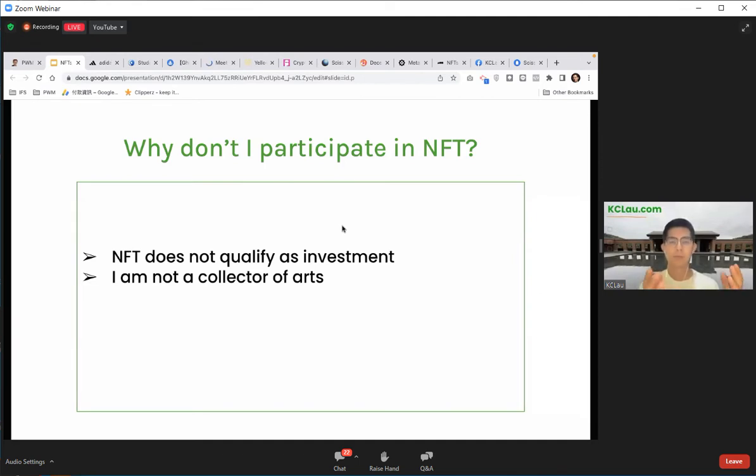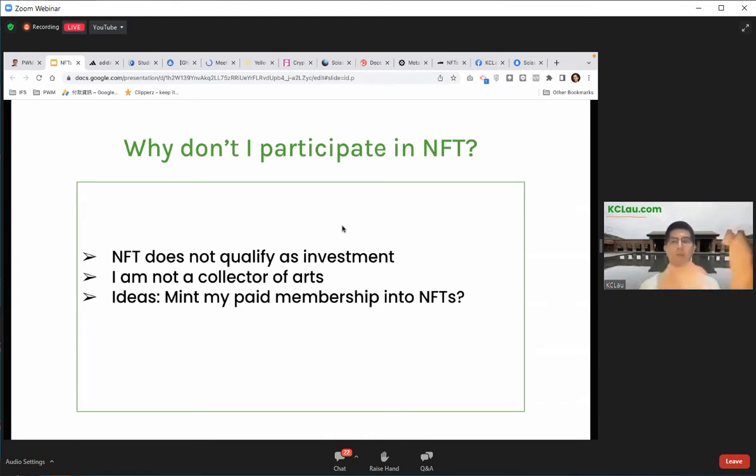If the piece of art is still worth, sometimes it's worth more than the price you paid, because there is demand for that artist, then they also make money from that. So if you are a collector of arts, you can do that. But I'm also not a collector of arts, so I don't buy any NFT.